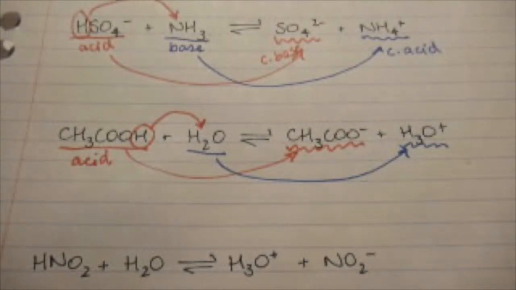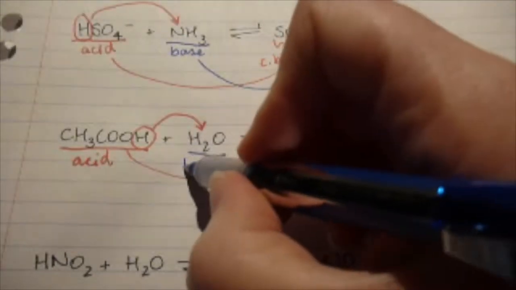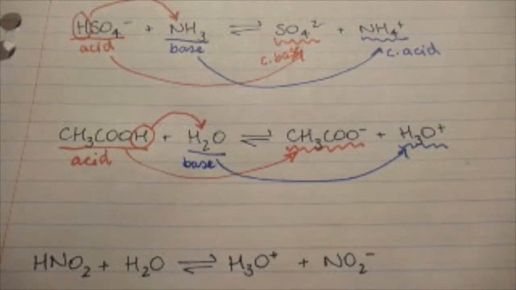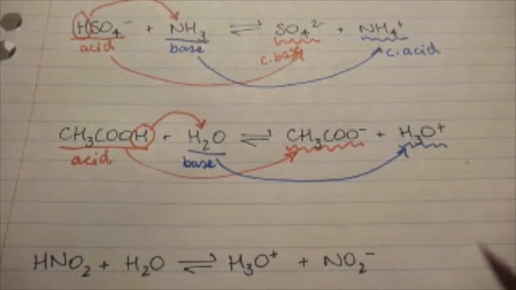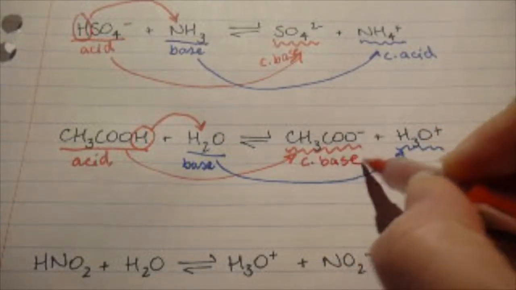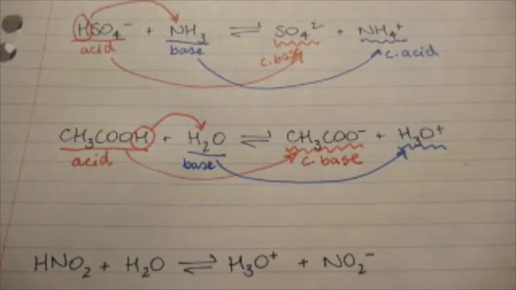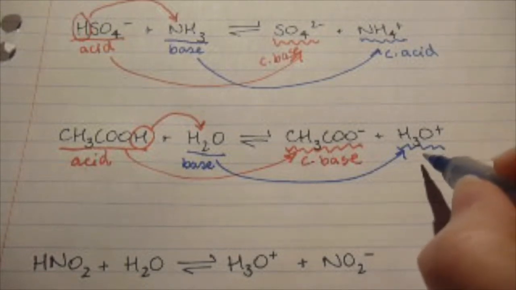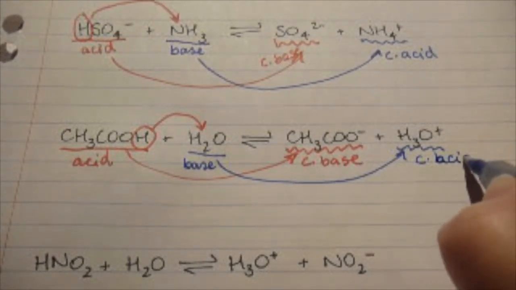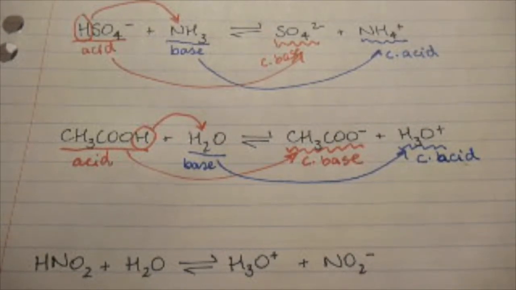That means the ethanoic acid is the acid, it's the proton donor, and the water molecule is the base. It's accepting that proton. So therefore, the conjugate base for the acid must be the ethanoate ion, and the conjugate acid for the base must be the hydronium ion.